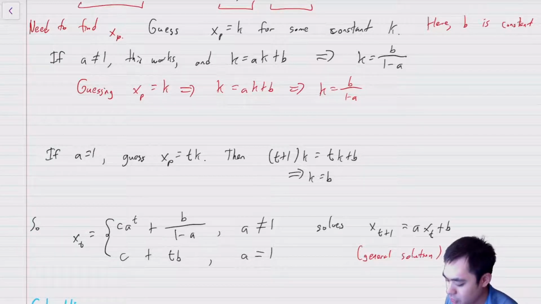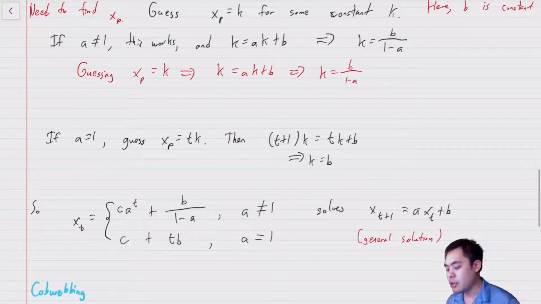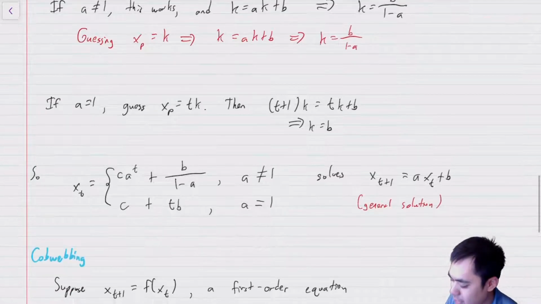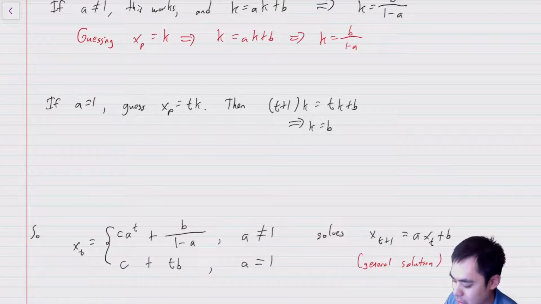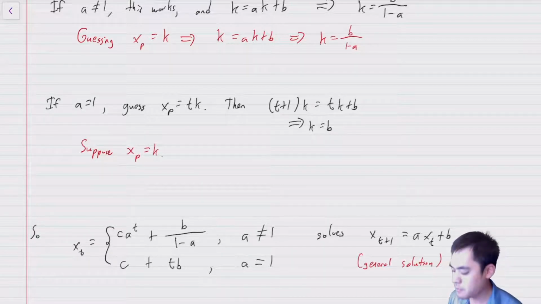And the same does not go for when a is equal to 1, that's a little bit more complicated. Well, what happens when a equals 1? Why does it not work? Well, let's actually plug that in and see that it doesn't work, rather than just taking my word for it. So suppose we guessed x sub p is equal to k.